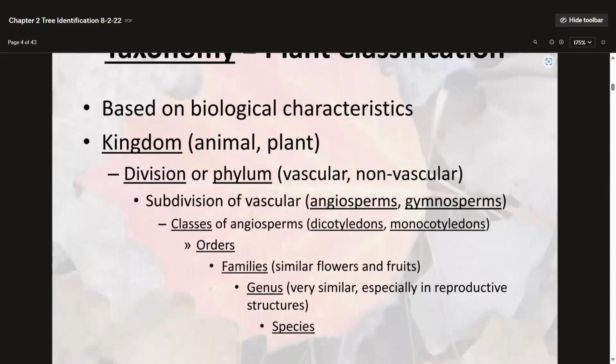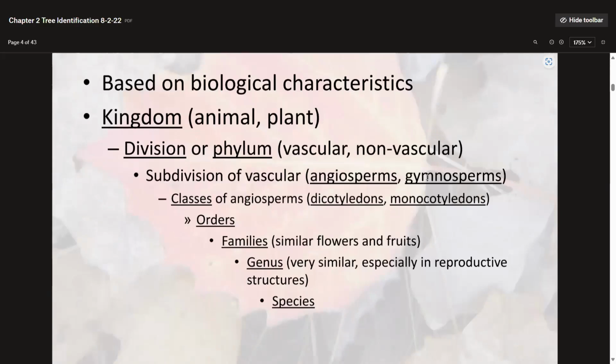And below that, you go into your class of angiosperm, which could either be dicotyledons or monocotyledons, and we'll get into that further in just a minute too. Then you have order and family below that, families with basically they have similar flowers and fruits, okay? Then you have your genus, which is very similar, especially in their reproductive structures. And then the last one is species, all right? And that's how the order goes for taxonomy, right?